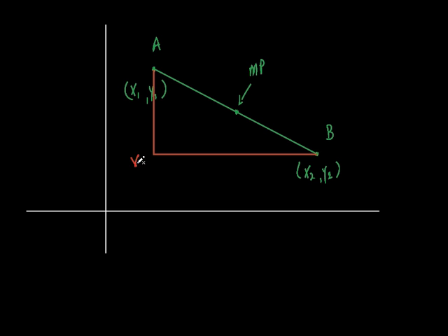This was x1, how far up? y2. So how did I find this? Well, I added up the x's, x1 plus x2, and then I divided by 2. So that would be the midpoint of this red line. That would put me probably about right in there somewhere. Okay, that would be the midpoint of this line.